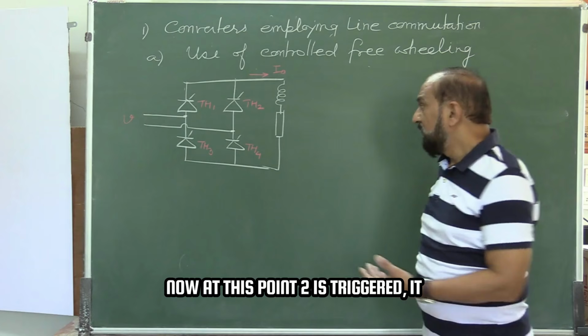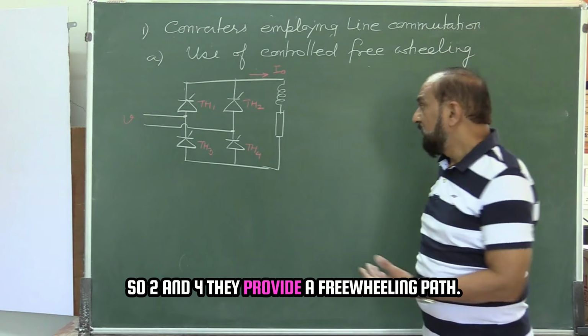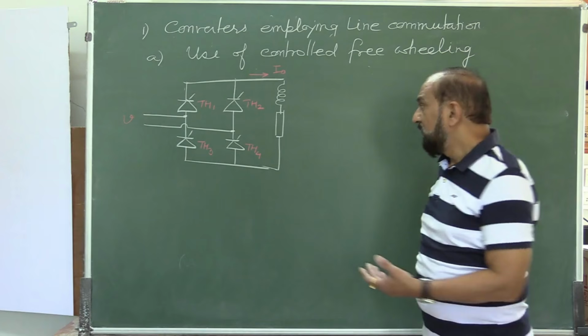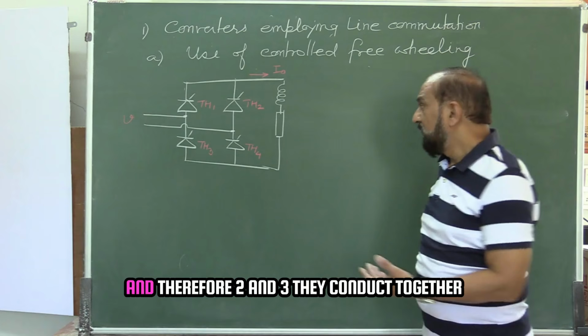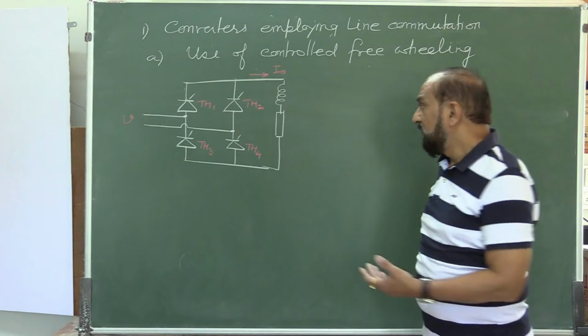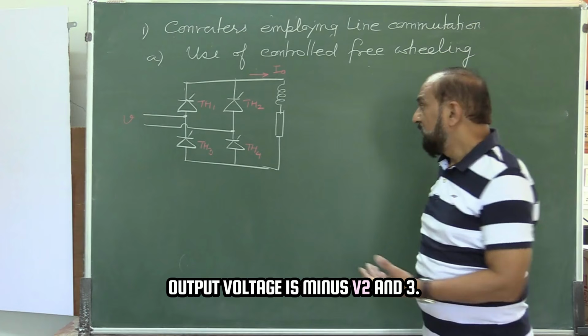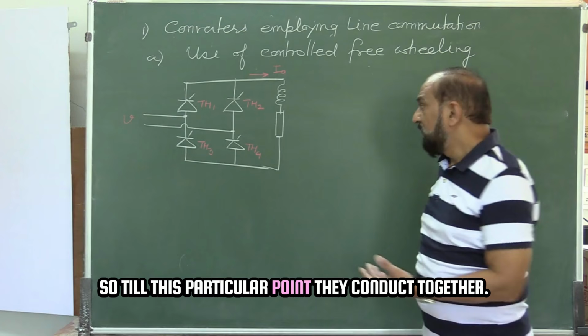Now at this point 2 is triggered, it commutates 1, 4 continues to conduct, so 2 and 4 they provide a freewheeling path. At this point 3 is triggered, it commutates 4 and therefore 2 and 3 they conduct together. 2 and 3 when they conduct together, output voltage is minus V.